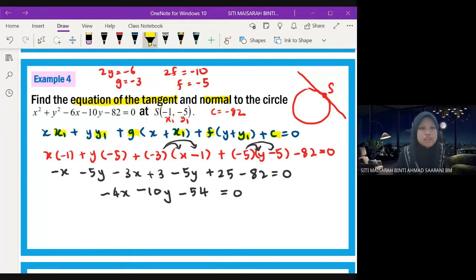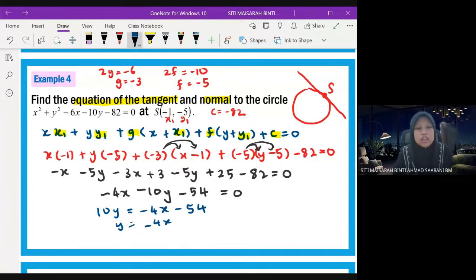So then, tan Y pindahkan, so negative 4x minus 54. So Y is equal to negative 4x minus 54 over negative 10. So this one kita boleh simplify.